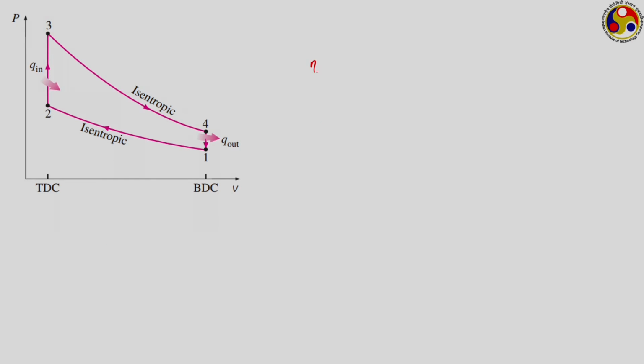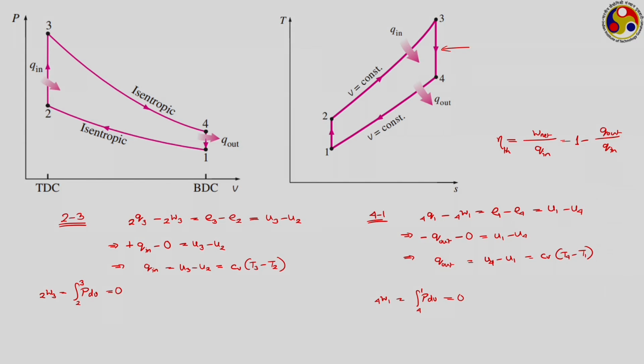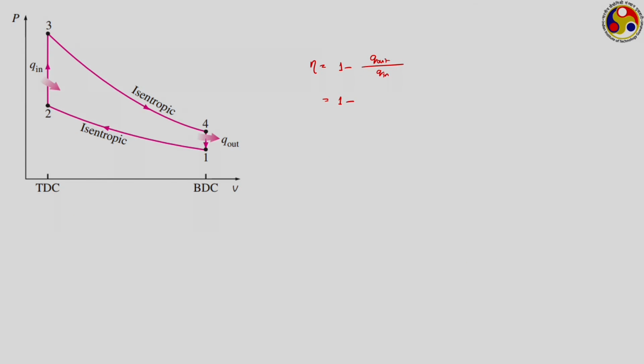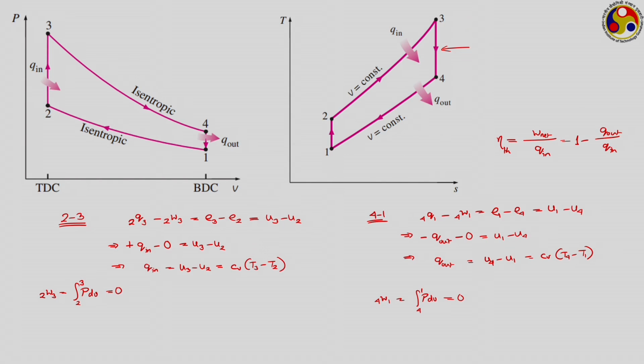Now, we go back to our expression for efficiency, which is 1 minus Q out upon Q in. That is 1 minus, using the expressions derived here, Q out is Cv into T4 minus T1, divided by Cv into T3 minus T2, which was our Q in.